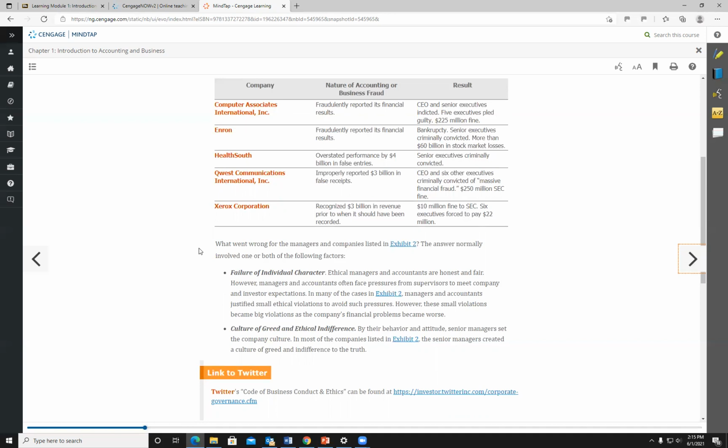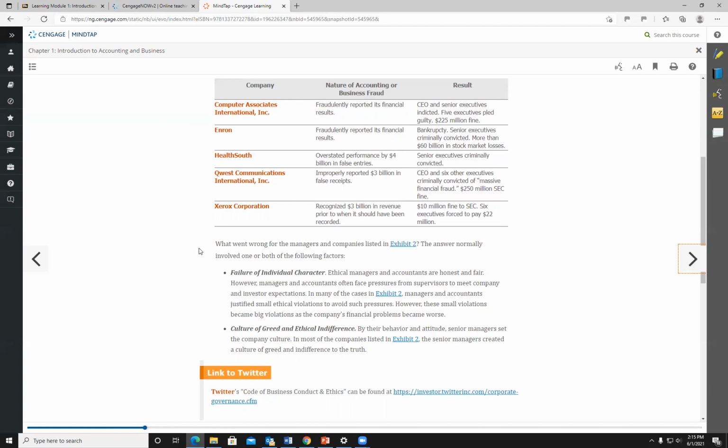So if they are being forced to meet a certain quota, a certain percentage or any kind of demand, and unfortunately, for whatever reason, that quota is not being met, that expectation is not being met, for fear of losing their job, they fudge the numbers, which is how they justified that small ethical violation.